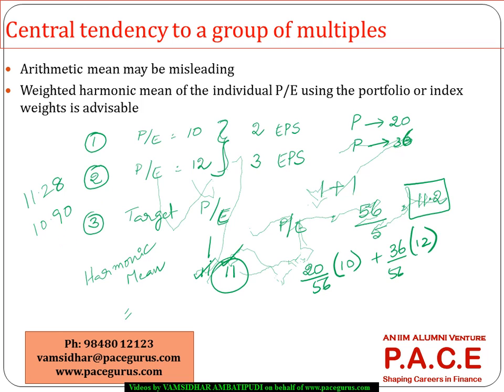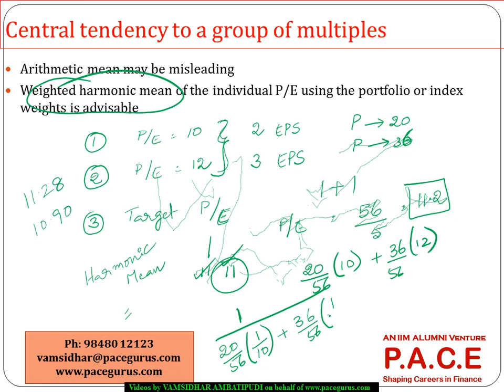So what we are saying is the better way to arrive at this is what we call the weighted harmonic mean. The simple way is you take 1 divided by the weightages, 20 by 56, times the reciprocal 1 by 10, plus 36 by 56 times 1 by 12. Now try finding the value for this.